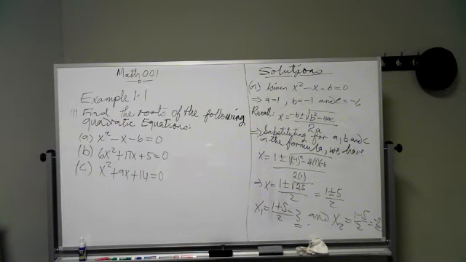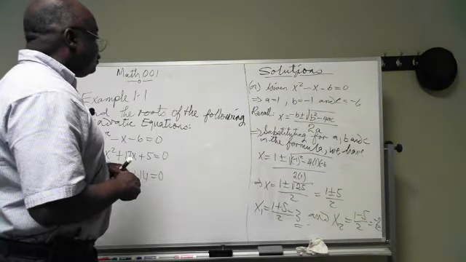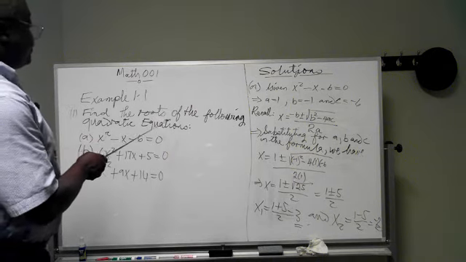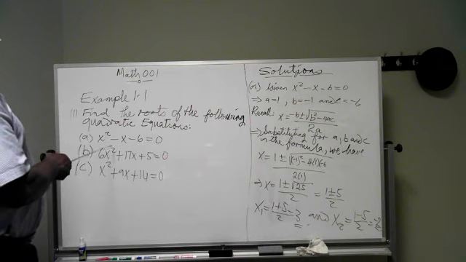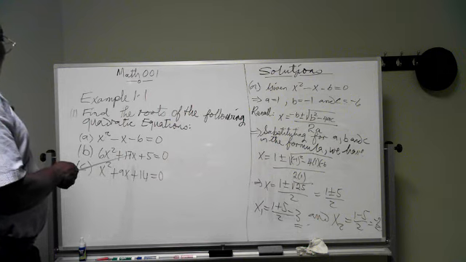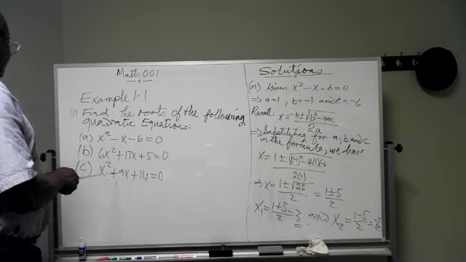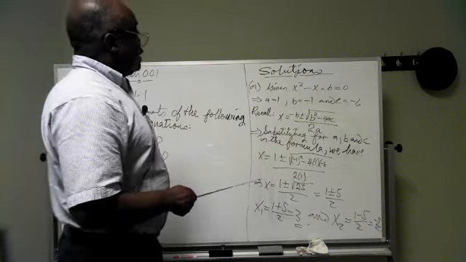So, if we take it all over again, this is the question. Find the roots of the following quadratic equations. A: x squared minus x minus 6 equals 0. B: 6x squared plus 17x plus 5 equals 0. And C: x squared plus 9x plus 14 equals 0. Now, solutions.